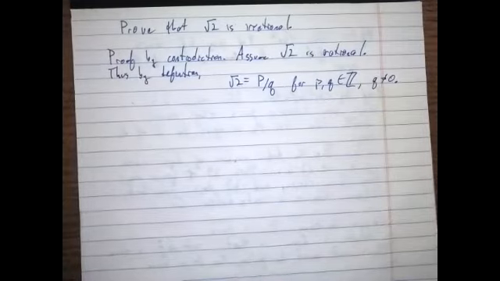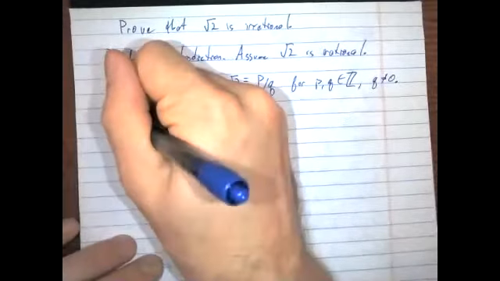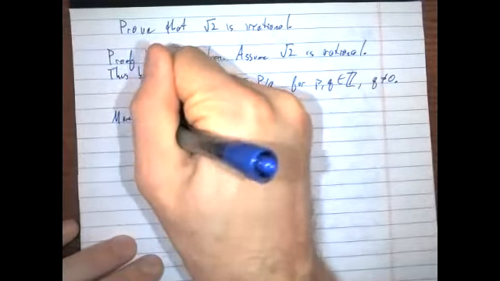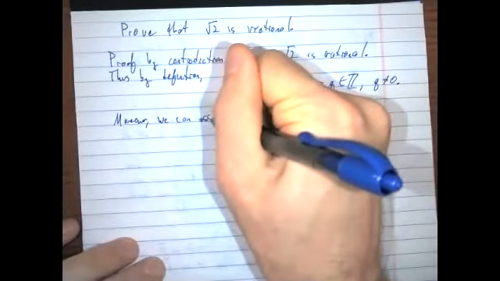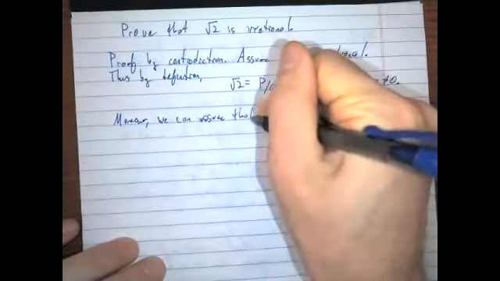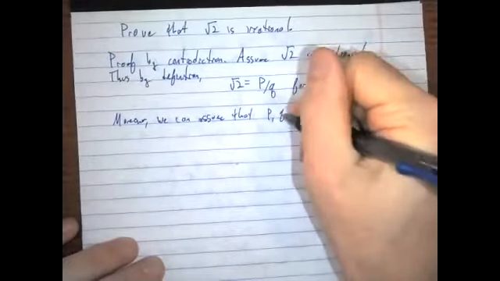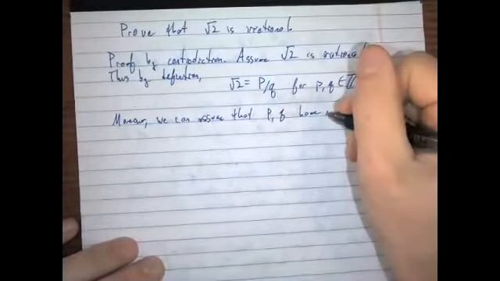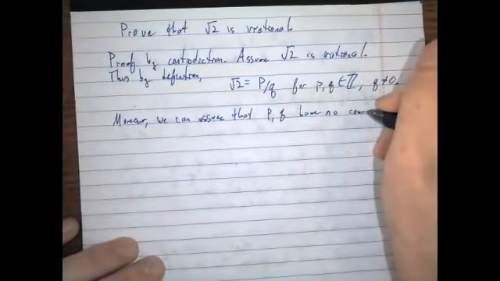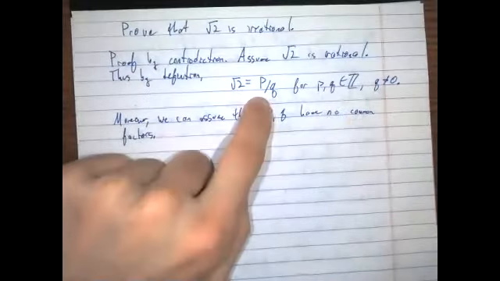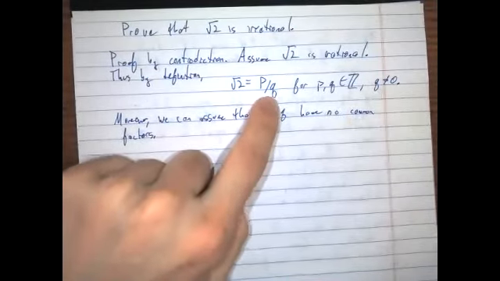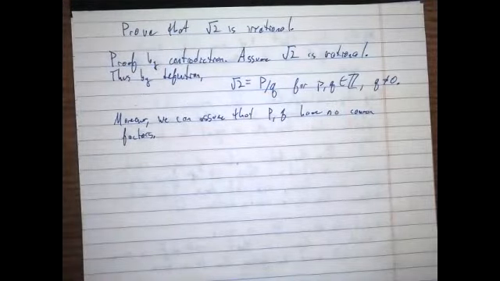So now what I'm going to do is the following. Moreover, we can assume that P and Q have no common factors. In other words, we can assume that we have written this fraction in its kind of reduced form.